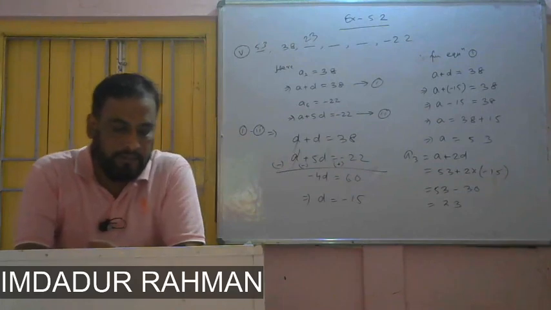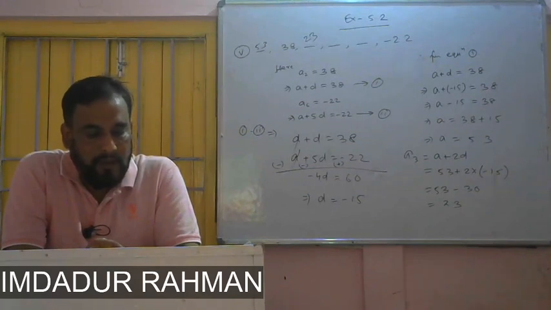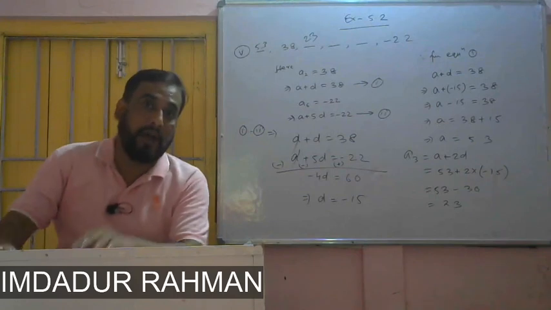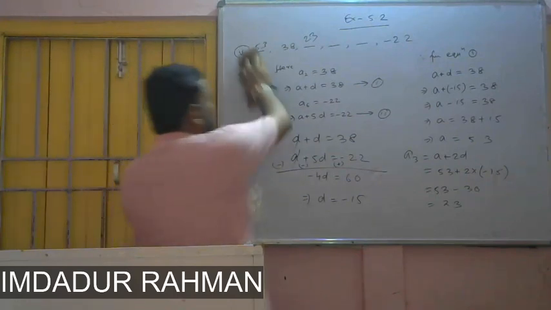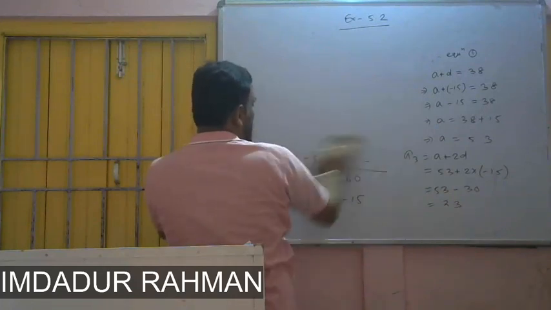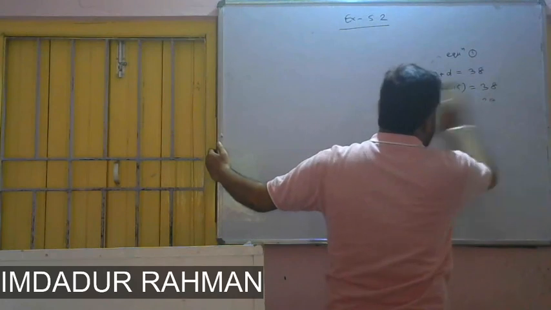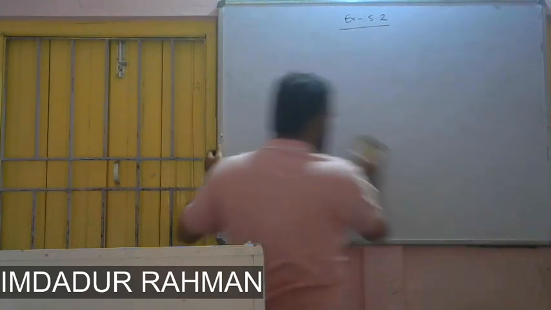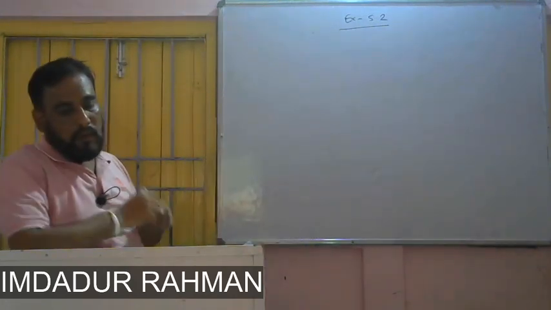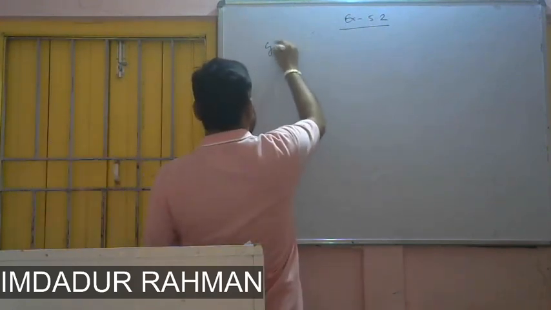Question number 4: which term of the AP 3, 8, 13, 18 is 78? One term of the series will be 78, and we will find out which term it is, that is, we will find out AN.